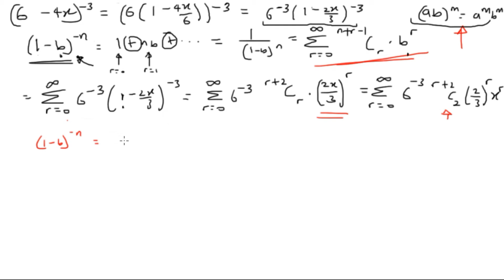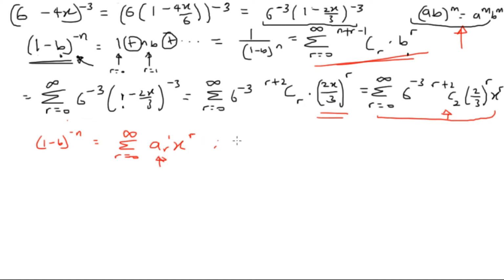But I can just write it as the sum from r equal to 0 to infinity of a_r x raised to power r. If you notice, b is a function of x, and it looks like this too, where a_r is the coefficient and x raised to power r is the variable.